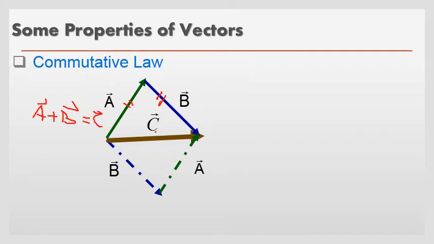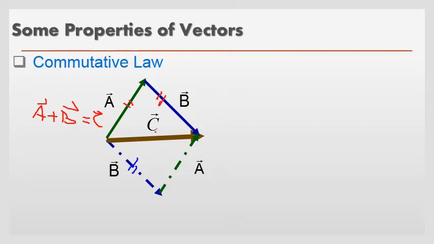Alternatively, if we draw a line parallel to B in here, this line is an image vector to the vector B, the blue dashed line.